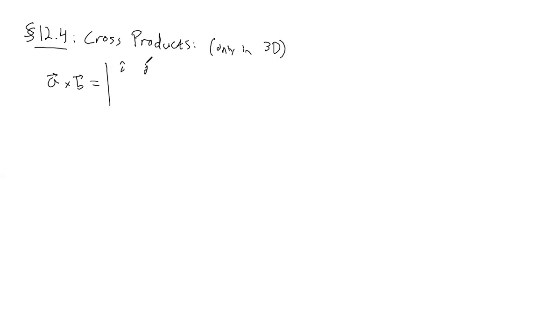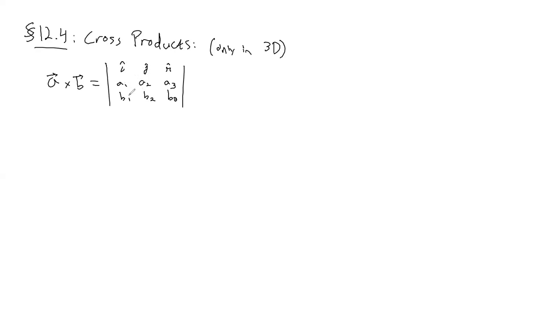I, j, k, and you've got A1, A2, A3, B1, B2, B3. I never actually memorized the explicit formula going outward because it's just too clunky, too much stuff to memorize. But this, for me, is very easy to remember. So this is always what I will fall back on.